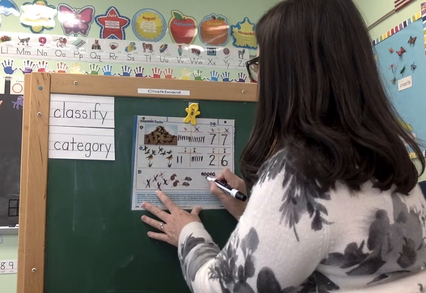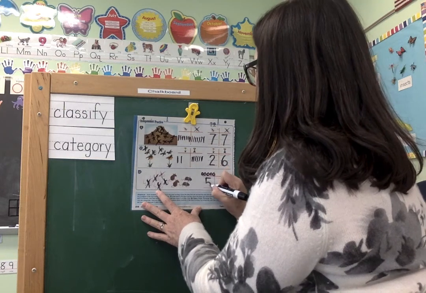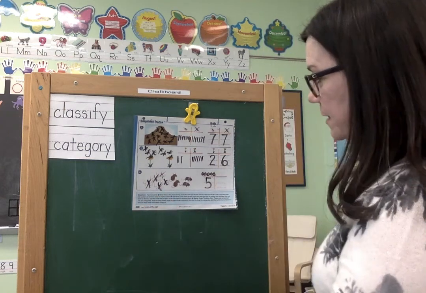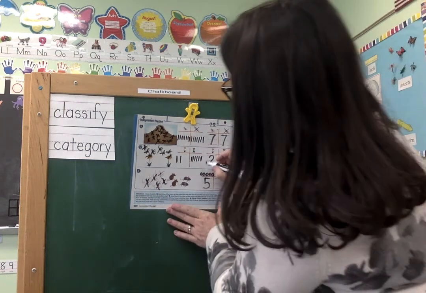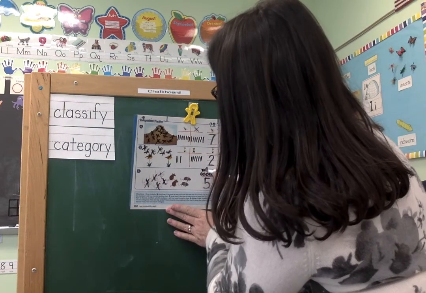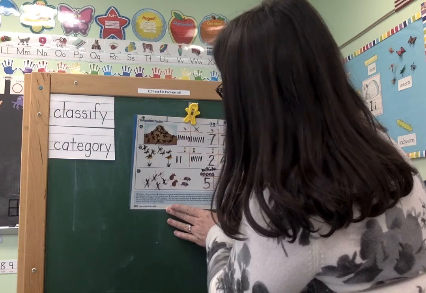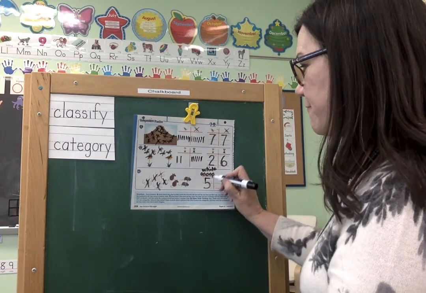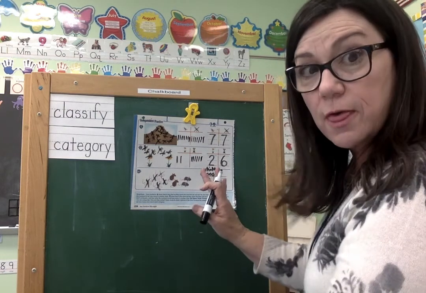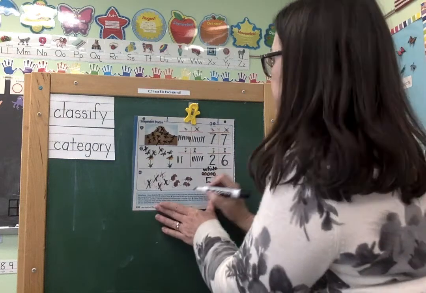And I'm going to write the number 5 right there. Do you see that? And I could write the word white, W-H-I-T-E, if I wanted to, right? I have 5 white.